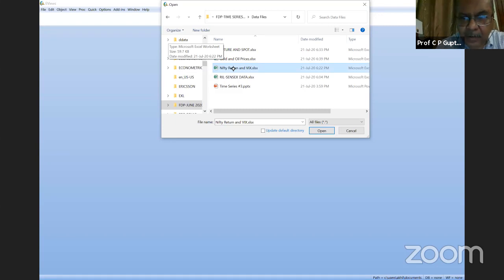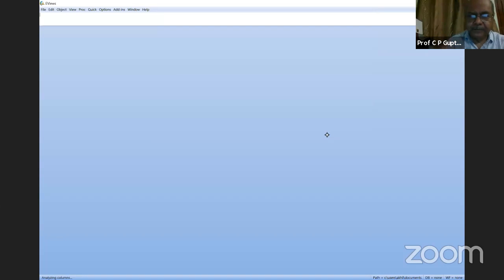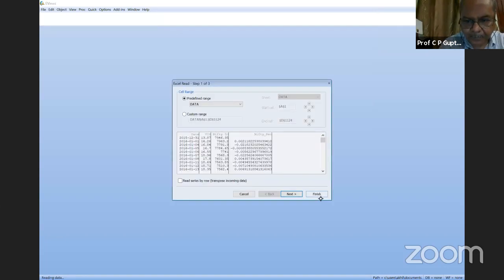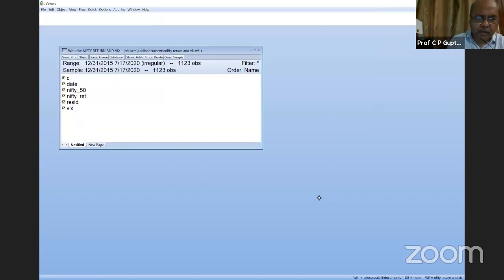Please open up this file. So we have Nifty, VIX. And friends, I'm taking VIX because I've already proved that VIX is stationary. If you want to check the stationarity of VIX, you can do it at your end. So VIX is stationary, Nifty return is stationary, both are stationary. Let's open it.